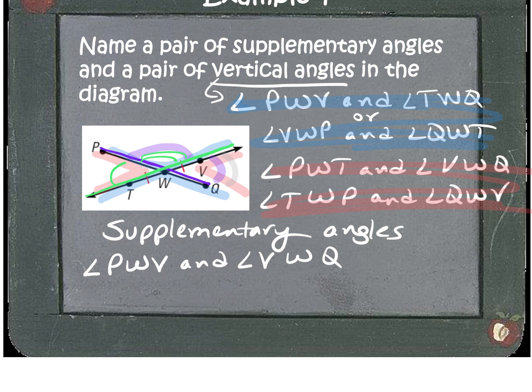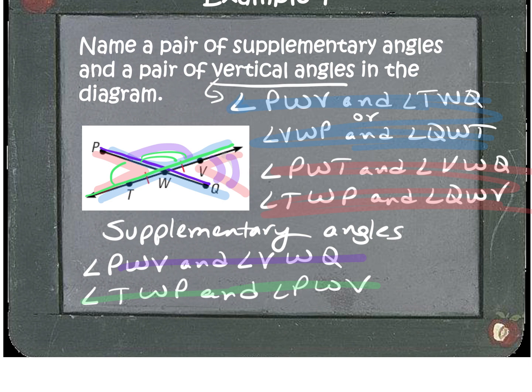So let me name those ones that I just did in green. So these were the purple ones. And now I'll do the green ones. And that could be angle TWP and angle PWV. Those are the ones I just did in green.